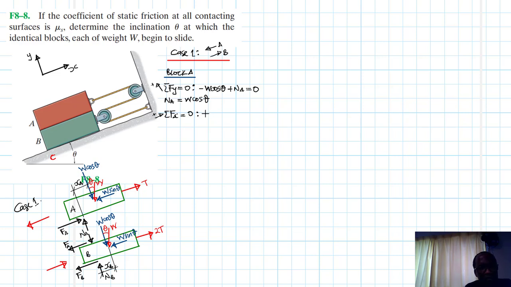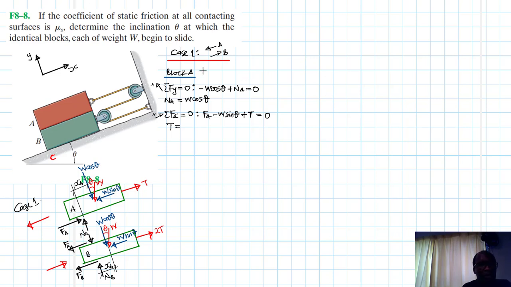We have FA minus W sine theta and then plus T. So we have 1, 2, 3. Okay, so this is equal to 0. Therefore, our T is just going to be equal to, mind you, I didn't count the number of unknowns.